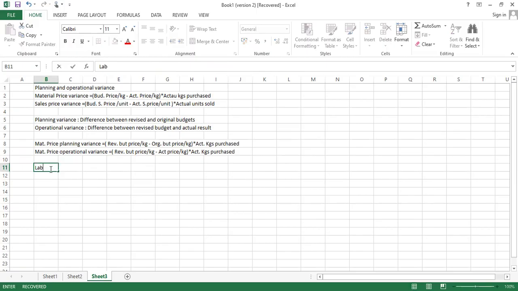Then we have labor rate planning variance.